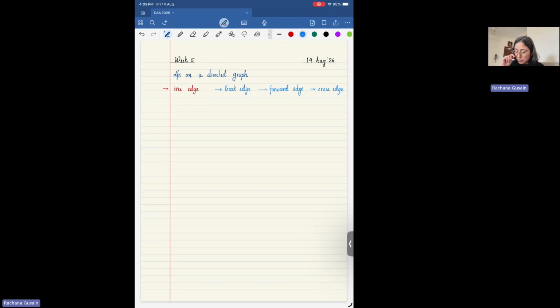Let's see in general how a DFS tree looks. Let's say that's the root node, and we can have several paths starting from the root node.